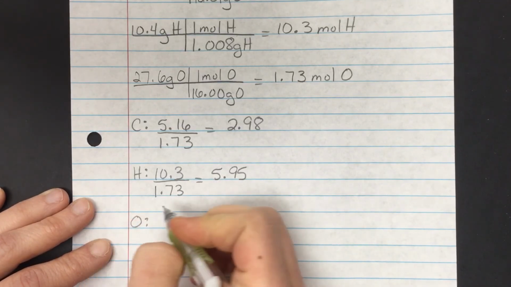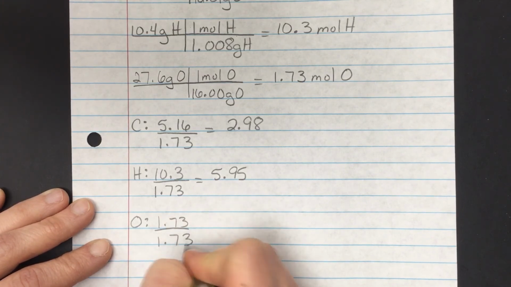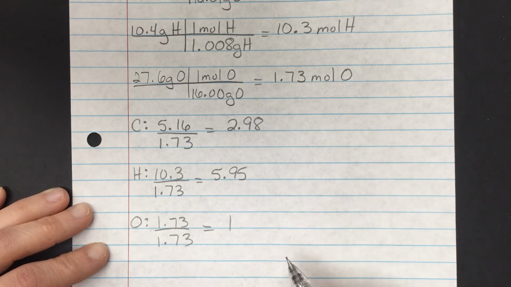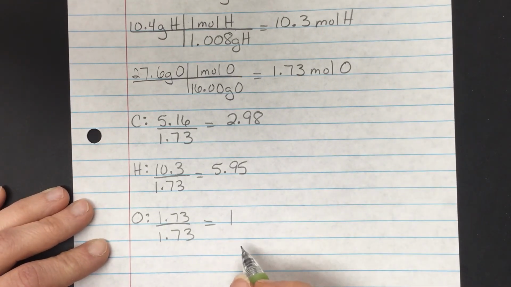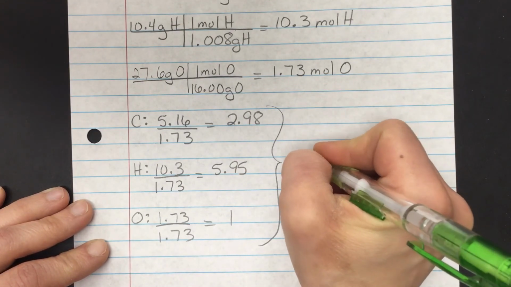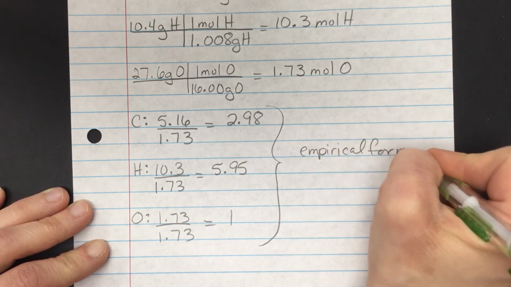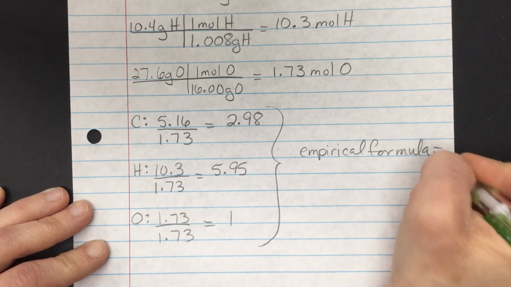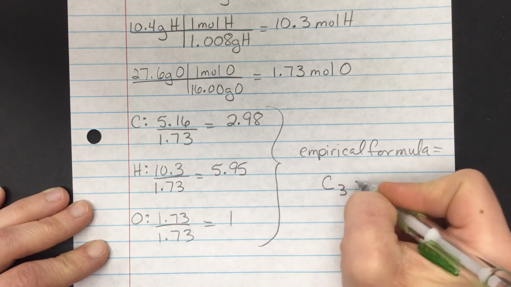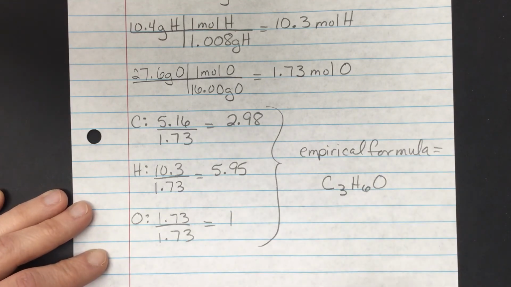And for oxygen, I'm going to divide 1.73 by itself, and I get 1. And notice all of these round off nicely to whole numbers. So my empirical formula from this becomes C3H6O. But I want to get to my molecular formula.